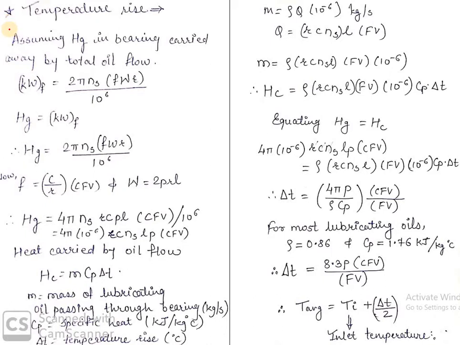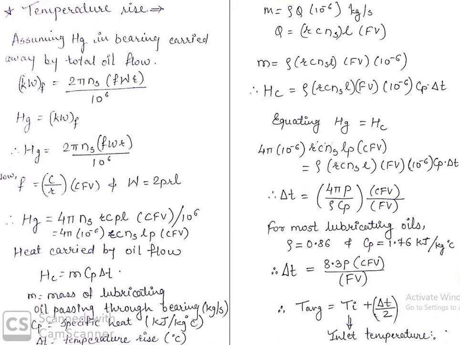Now next we have to talk about the temperature rise in the bearing. As we know, as this is a sliding contact bearing, there is friction. It is a frictional bearing, so frictional work is converted into heat, and this increases the temperature of the bearing.